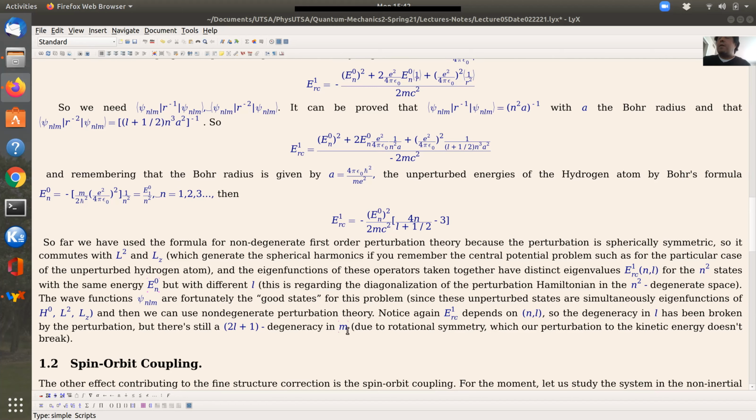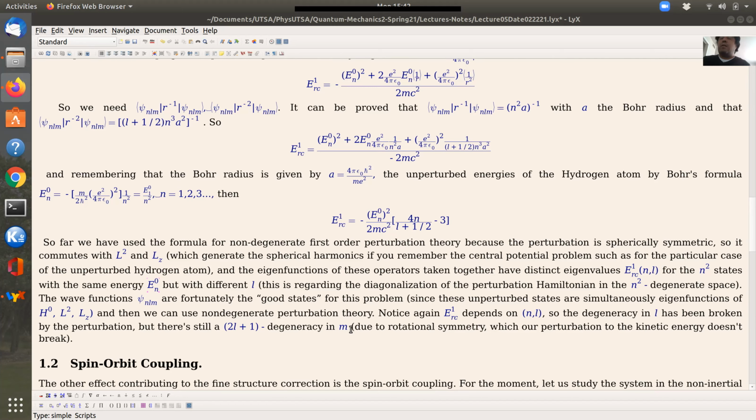Basically what this is telling you is that in the degenerate subspace, all the states have the same n, right? But if you choose different L, they will have different energy, and then the degeneracy has been broken, and the states were semi-diagonalized in a way. But if you choose the same L and different m, in principle they are different states.